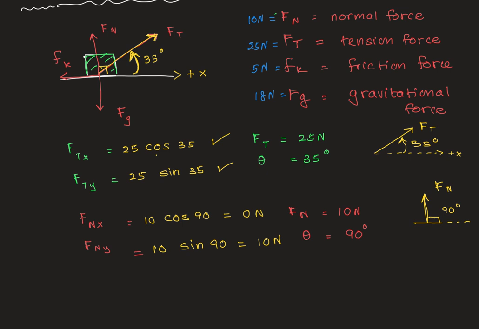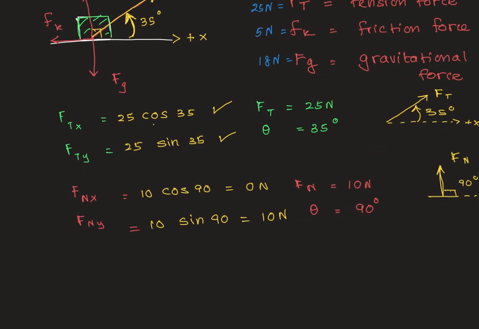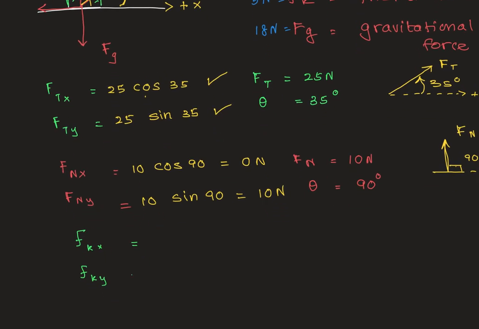Now I am heading into the friction force, Fk. So let me use another color here. Here you have Fkx, kinetic friction, and here you have Fky, the y component of the kinetic friction. As we did previously, let me separate these things a little bit.